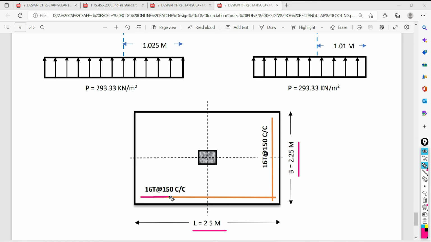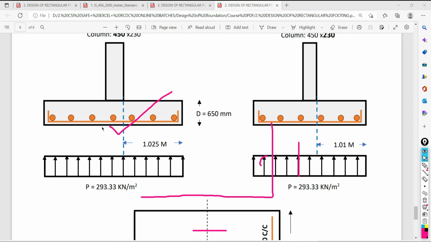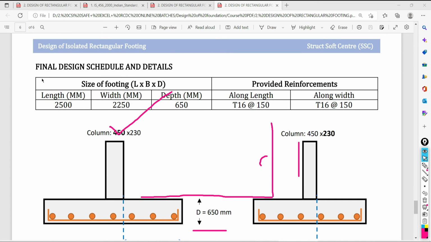Along the length of the footing we put 16 mm dia at a spacing of 150 mm center to center. Likewise, along the width of the footing we place reinforcement of 16 mm dia at a spacing of 150 mm center to center. So this is the in-plan detailing of your foundation, this is the sectional elevation detailing, and this is the final schedule of your foundation design.